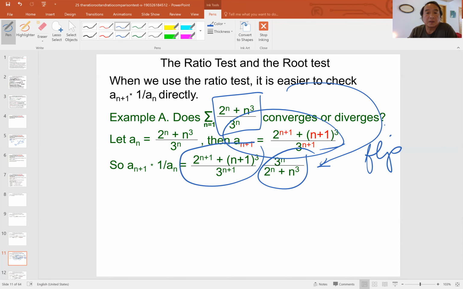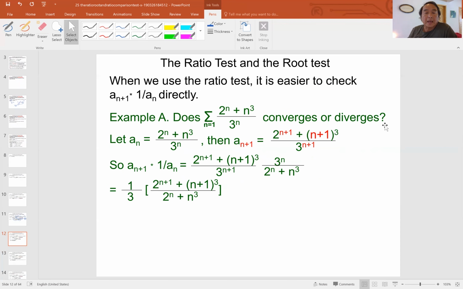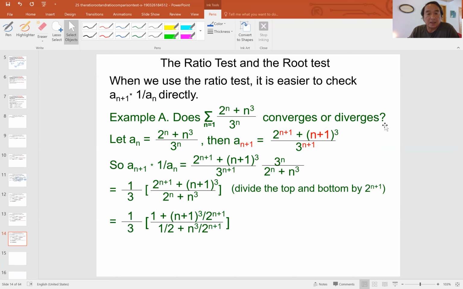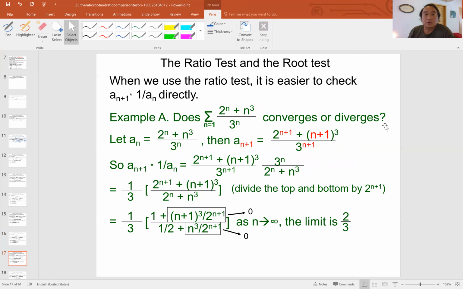Do the algebra. And then here is the limit problem, where we take the limit of these as n goes to infinity, and I leave this part up to you. This is what you need to do on homework and on the test, to justify that these limits equal something. In this case, the limit is equal to 2/3.